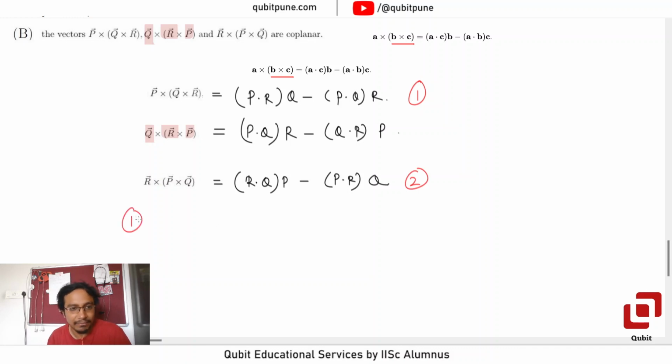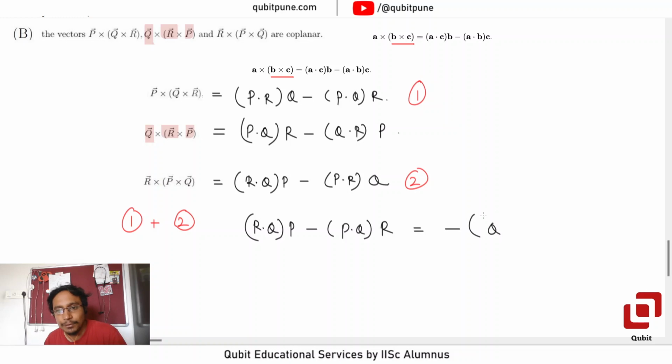Let's say we add 1 and 2. If we add 1 and 2, P dot R Q is getting cancelled. So we are getting R dot Q P minus P dot Q R. Is this negative of Q bar cross R bar cross P bar?